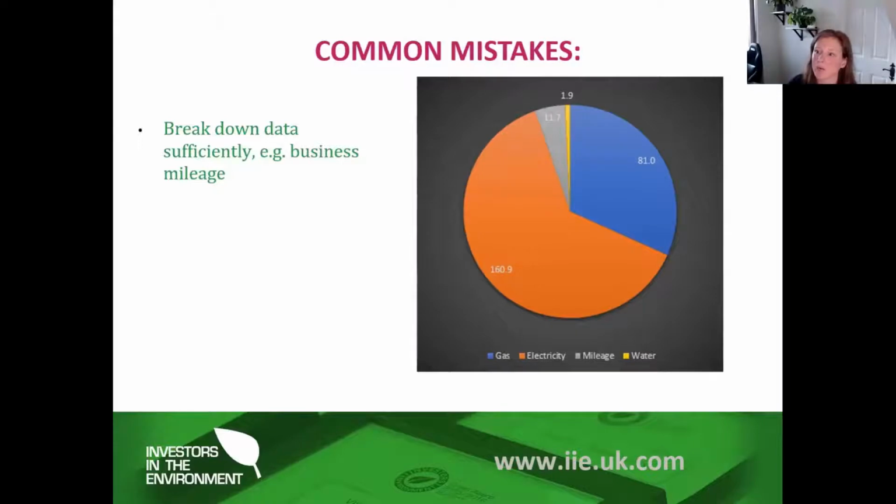So I put that down as a recommendation for improvement for the future. You need to start figuring out exactly what vehicles these are so we can put an appropriate conversion factor on them. They also didn't differentiate between business mileage, which is scope 3, and fleet mileage, which would be a scope 1 emission.